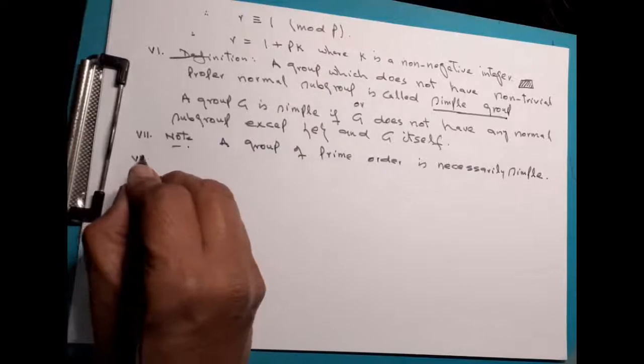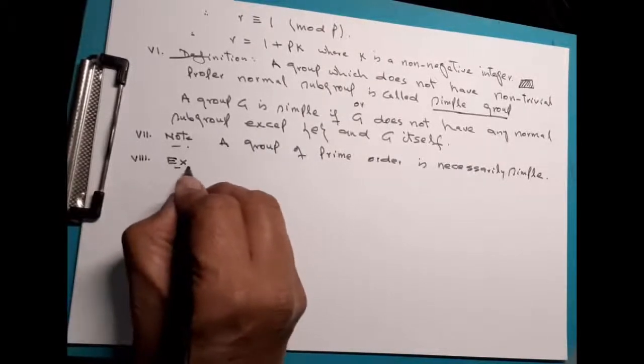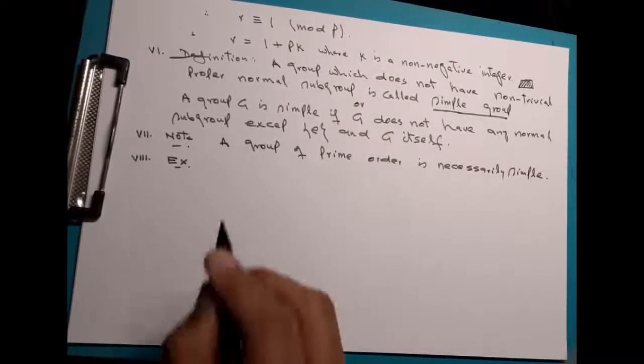This was just a comment. Let's have an example, and we are going to show that there is no simple group of order 200.